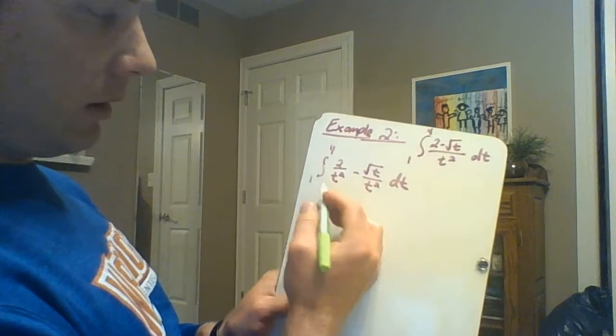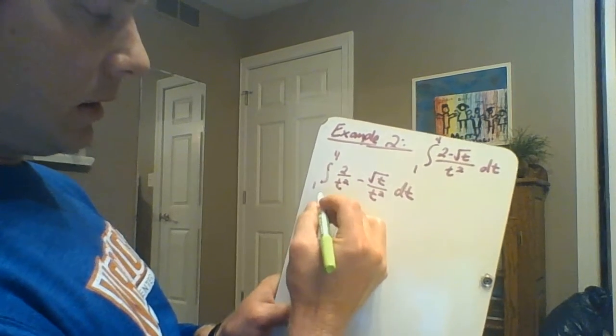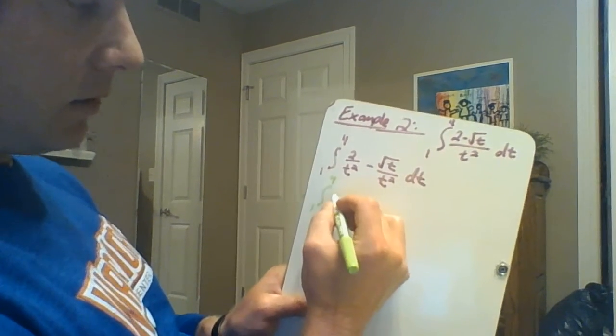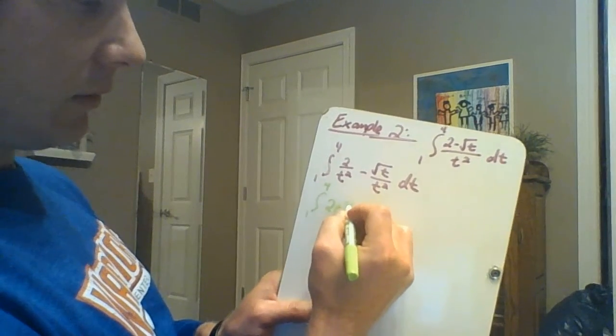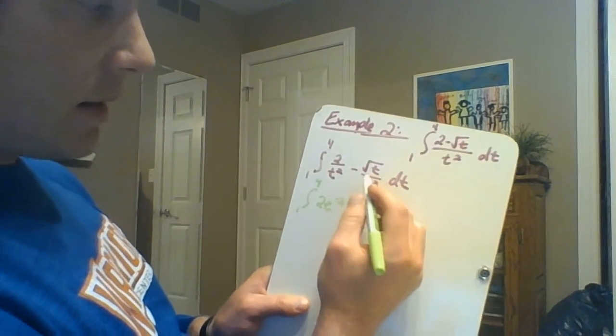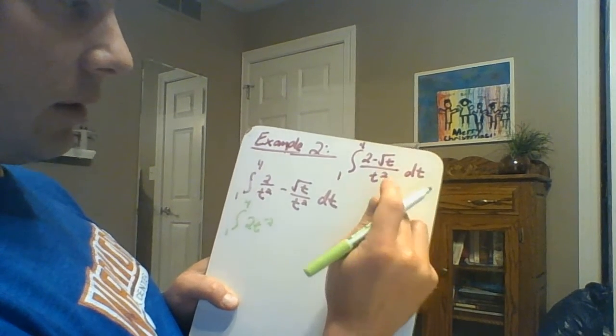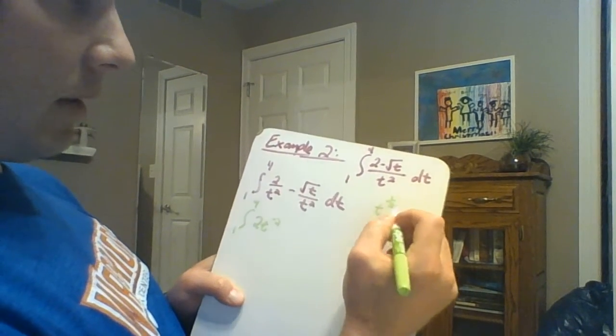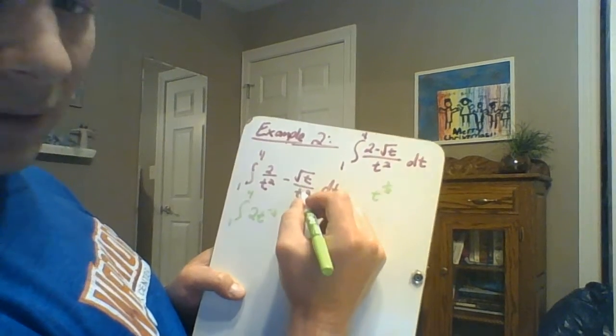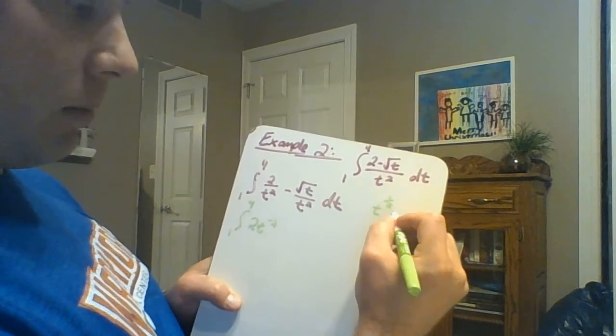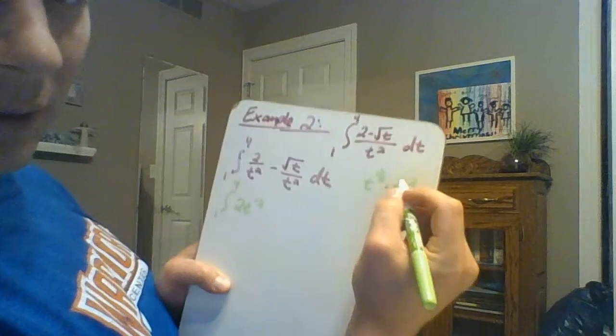But before we really do much work on this, let's continue to rewrite this case being 2t to the negative second. This one here, okay, think about that's t to the 1/2 on the top. And if we bring this denominator up, that would be times t to the negative second.